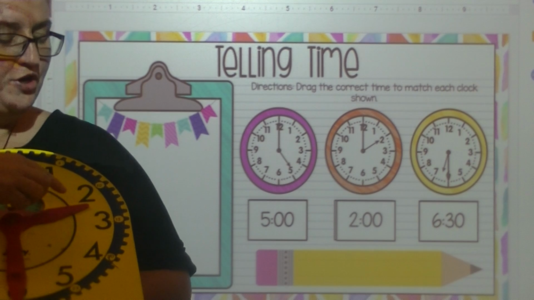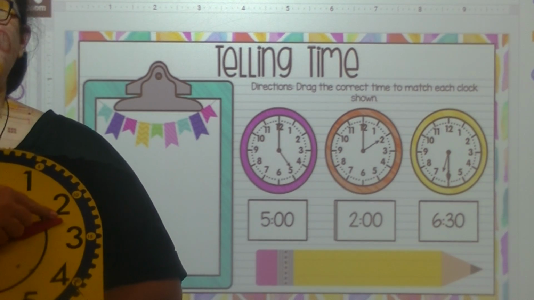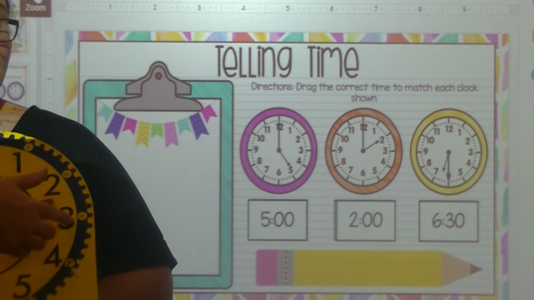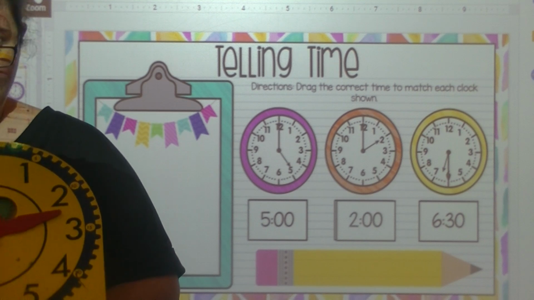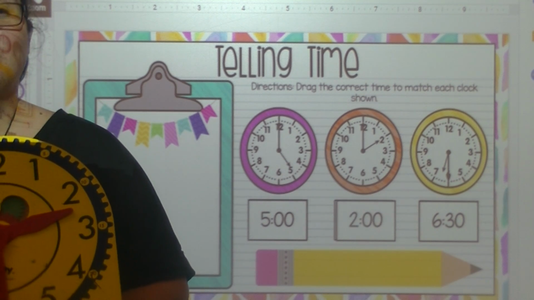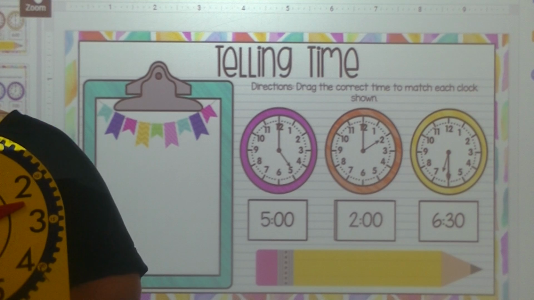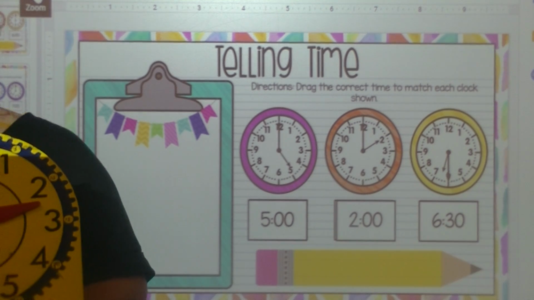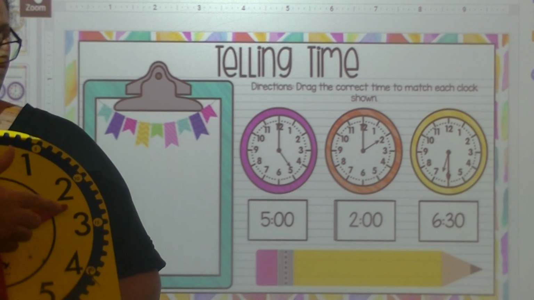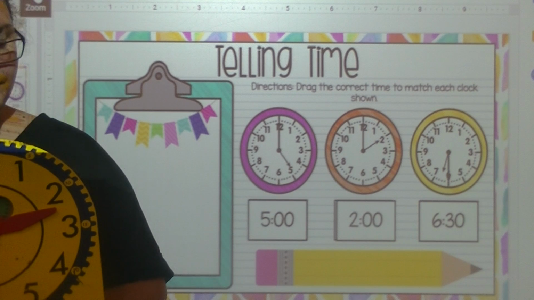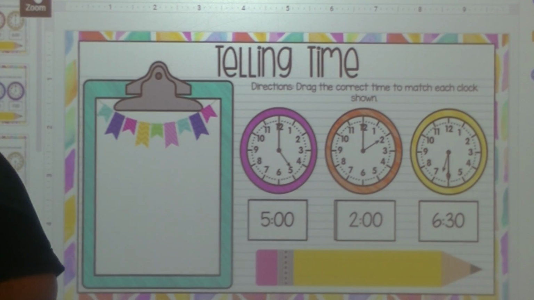All right, 2:30. You're halfway past the 2, between the 2 and the 3. And your minute hand or long hand is on the 6. It's halfway around the clock. 2:30. Thumbs up if you got it.